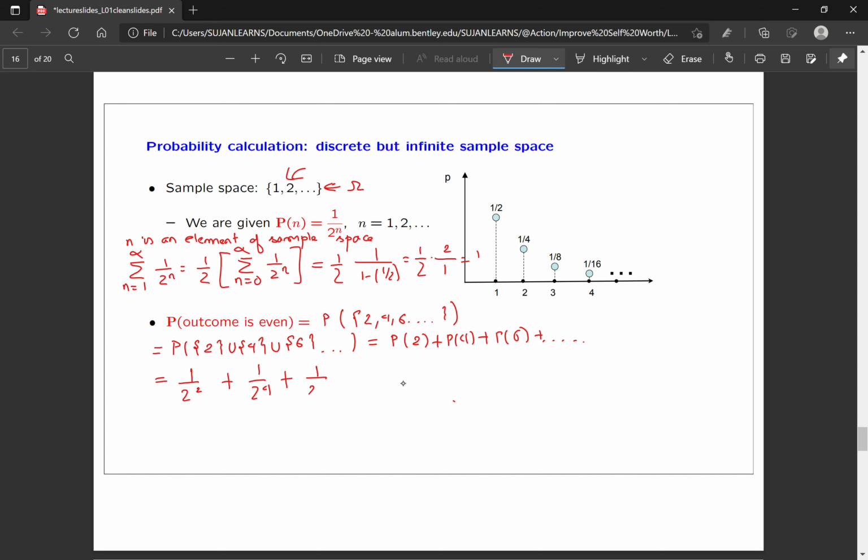Probability of 6 is 1 by 2 power 6, etc. Next, we can take 1 by 4 common. That gives us 1 as the first term, the second term is 1 by 2 power 2, and the third term is 1 by 2 power 4, etc. This is what we get.